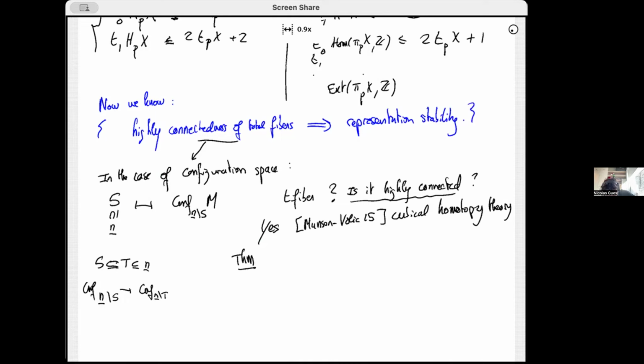The theorem is that the total fiber of this n-cube, for any manifold M, closed, open, smooth, topological, is (n minus 1)(d minus 2) connected.